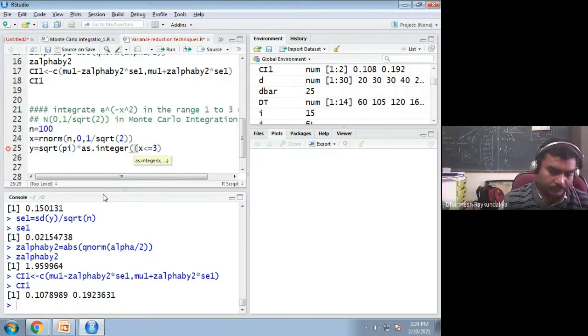And x greater than or equal to 1. Okay. So y is generated.